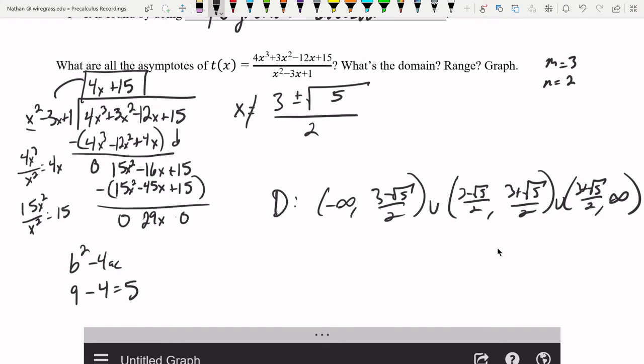The range, I would guess, is negative infinity to infinity because this rational function goes up to positive infinity and down to negative infinity. However, there could be some kind of gap in there, so let's see that by graphing it.